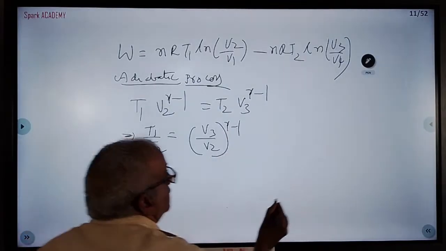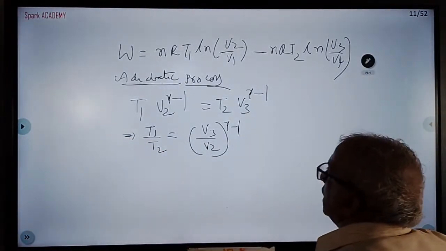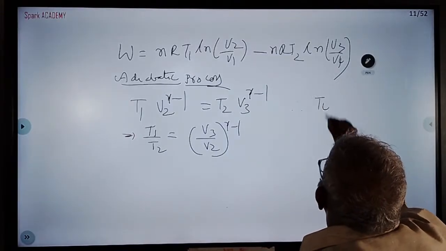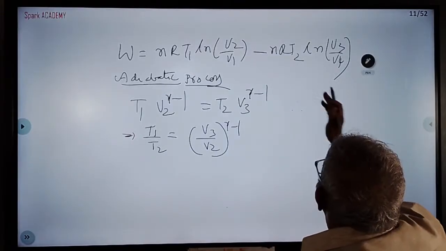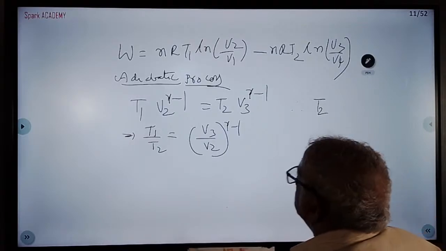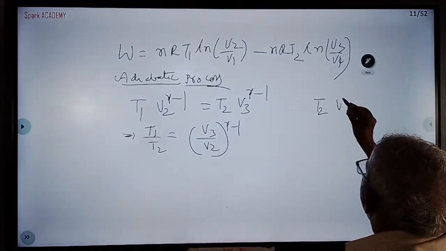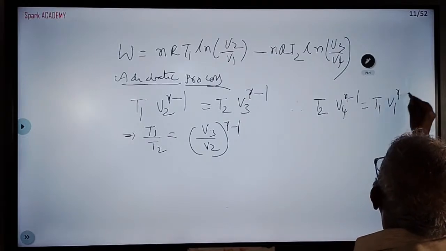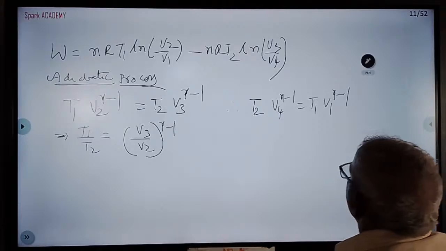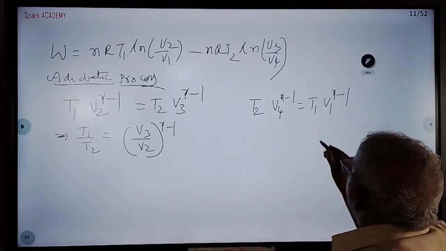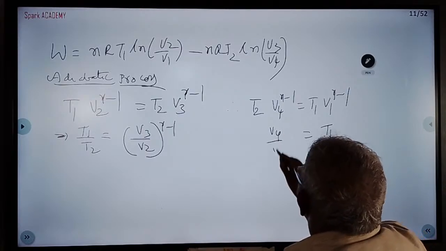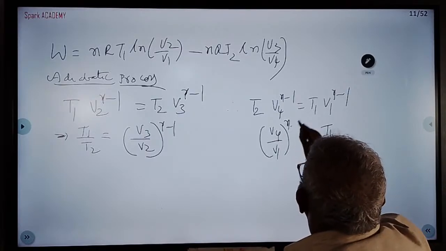It implies that T1 by T2 is nothing but V3 by V2 whole power gamma minus 1. Similarly, if you take the last one, the DA process, T2 V4 to the power of gamma minus 1 equals T1 V1 to the power of gamma minus 1. From this, T1 by T2 is V4 by V1 whole power gamma minus 1.